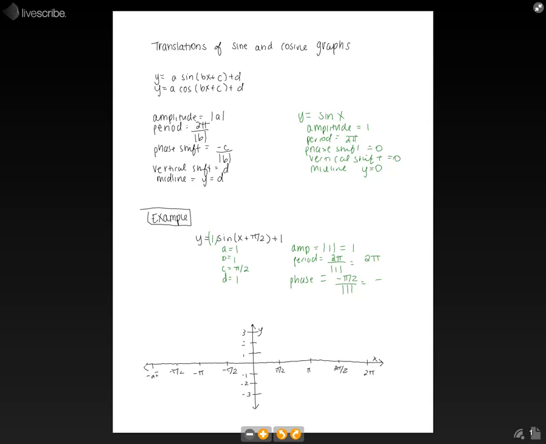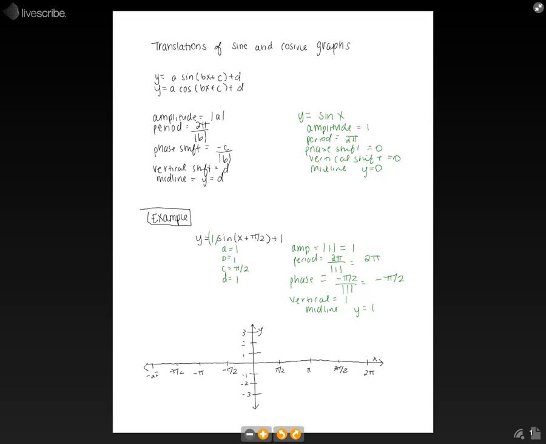So that's just equal to negative pi over 2, which means we have shifted pi over 2 to the left. And our vertical shift is equal to d, so that is equal to 1. And that means our midline is at y equals d, or y equals 1.